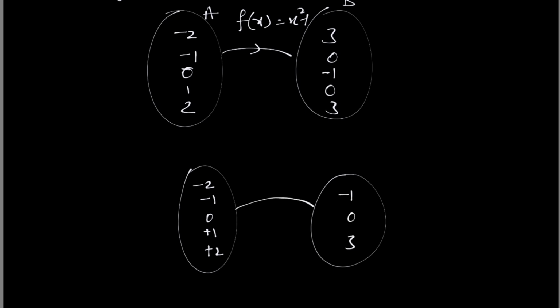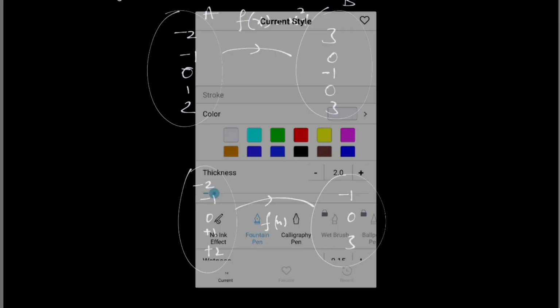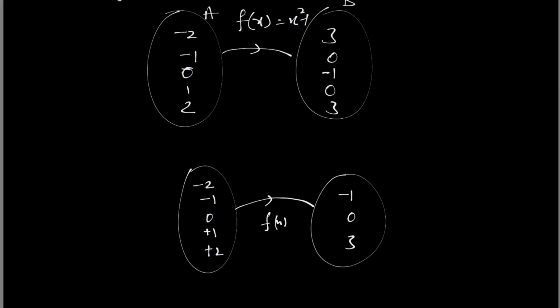Here the mapping comes out to be, when I'm substituting -2, I'm getting the result 3. This is my mapping from A to B. And when I'm substituting -1, I'm getting the result 0, and for 0 I'm getting -1. For +1 I'm getting 0.